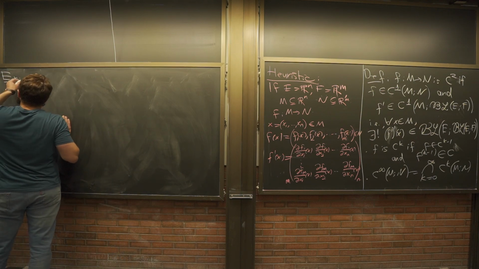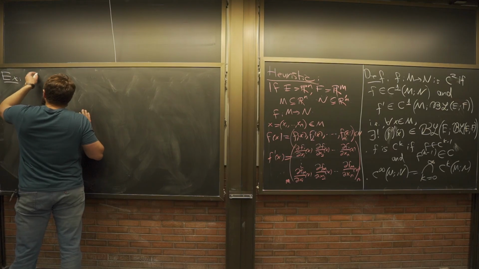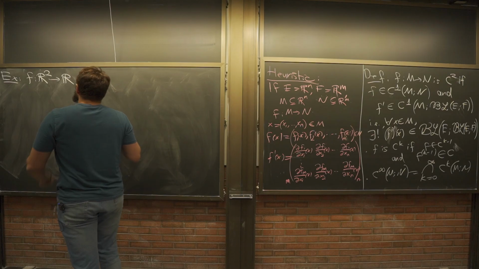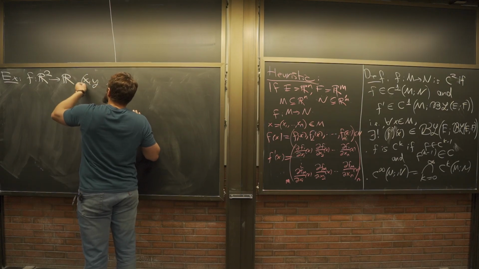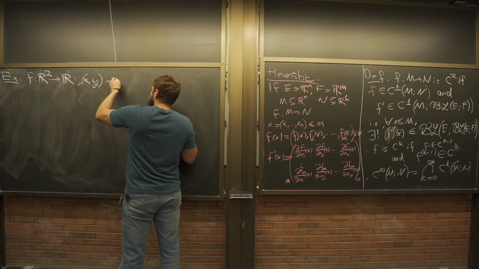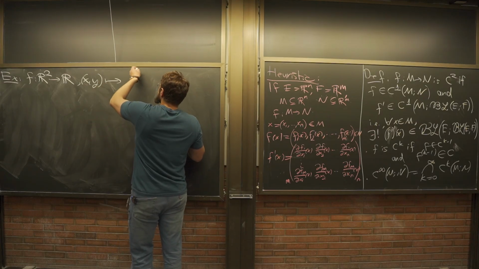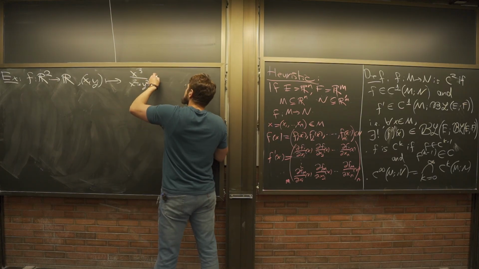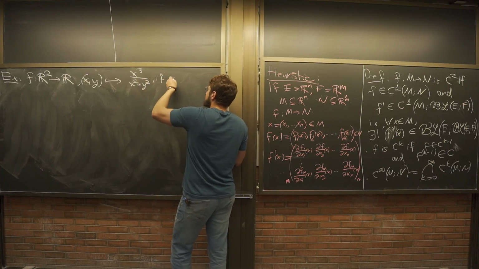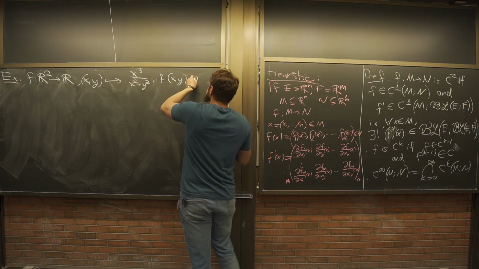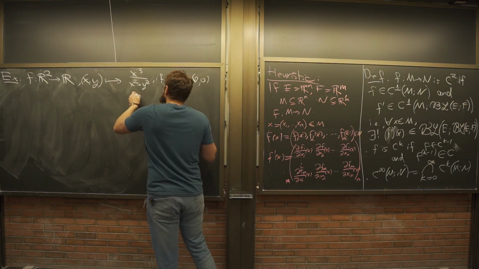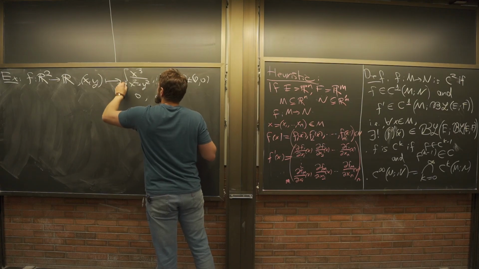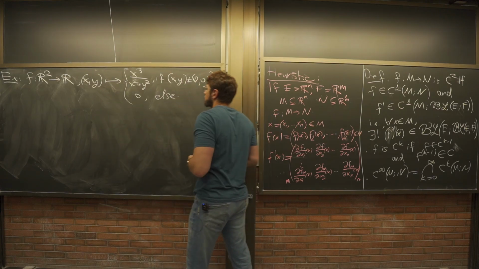Example. Now I'm going to look at f going from R^2 to R, taking (x, y) to x cubed divided by x squared plus y squared, if this is well defined, that is to say, if (x, y) is not 0, and 0 otherwise, that is to say at 0.